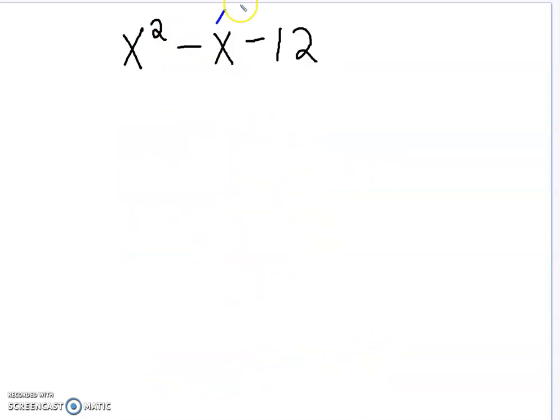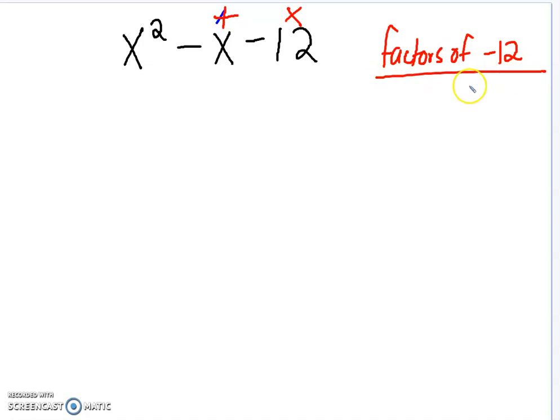When we try to do these problems algebraically, we're going to be looking for two numbers that multiply to give us the last numerical digit and that add to give us the x value. So we're looking for factors of negative 12 that are going to add or sum to negative 1. I would start by just laying out some factors of negative 12.